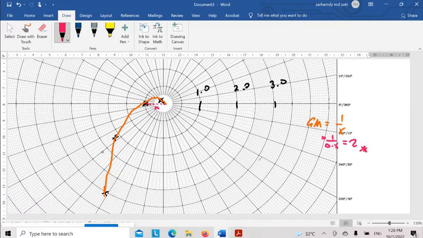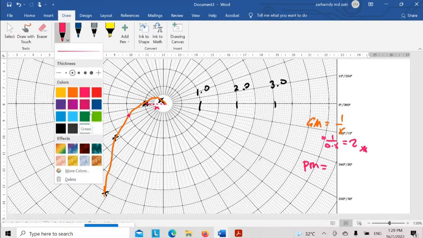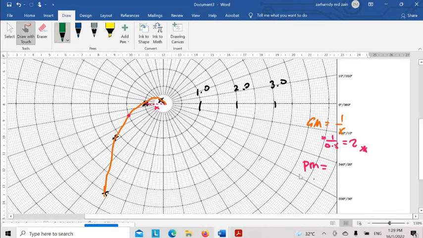So how about the phase margin? For the phase margin we are looking for the 1.0 cycle. Once the curve crosses this 1.0 cycle, we take the point here. Then, using another color, we make this angle.